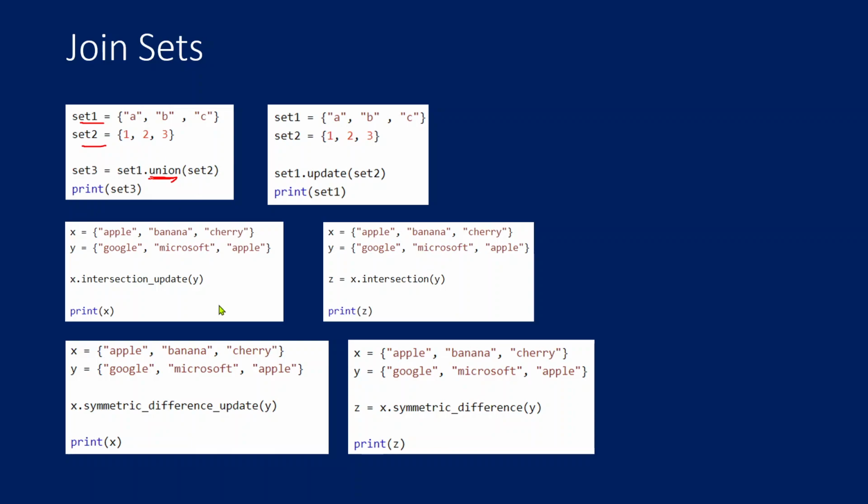Union creates a new set that contains all the items from both sets, and duplicates will not come. In this code, if I perform the union, it returns a b c 1 2 3 as the output set, which we save in a variable called set3 and print. Let me show you that practically.